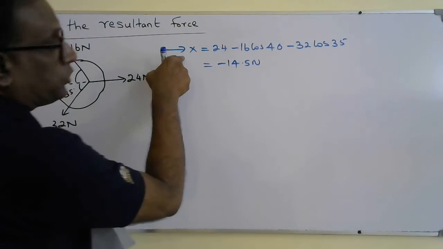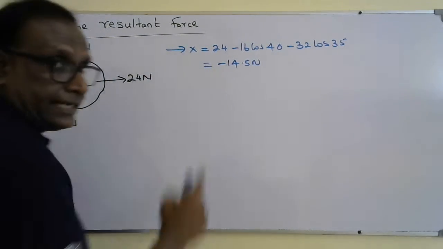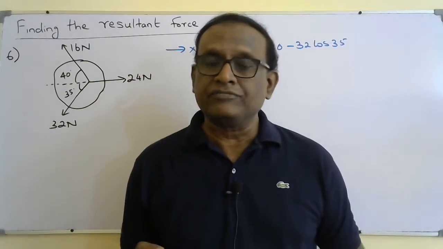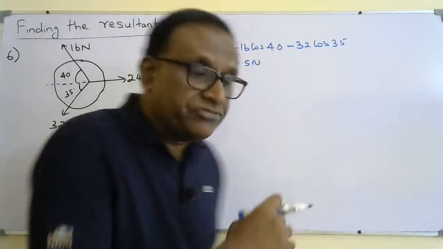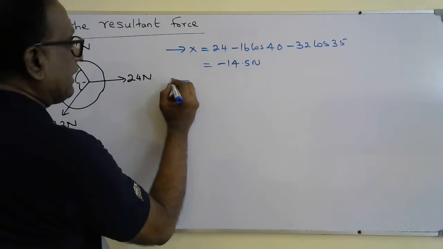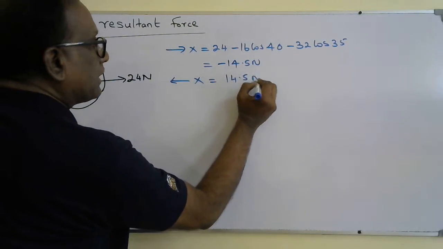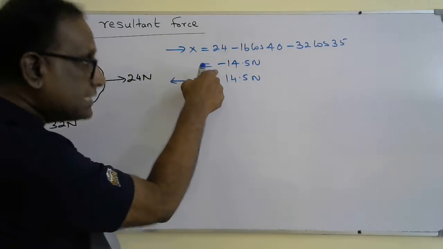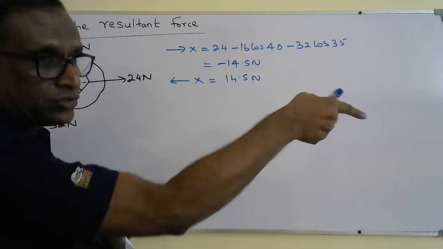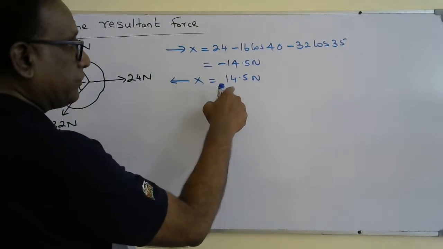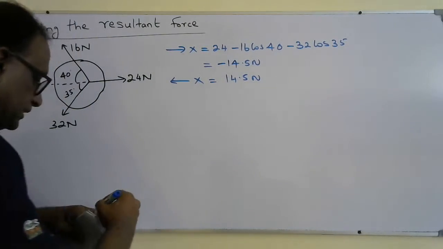Towards right I took it positive, but I am getting minus. I told you one of the properties of vector: if it is minus, I should invert it. If I invert to the left, it will be positive. X will be 14.5 Newton towards left.